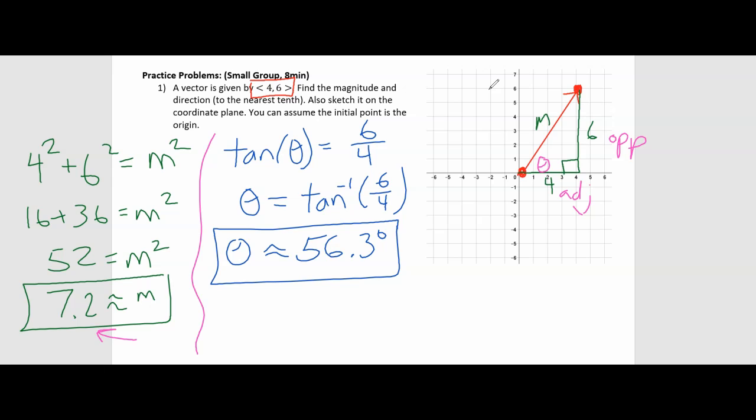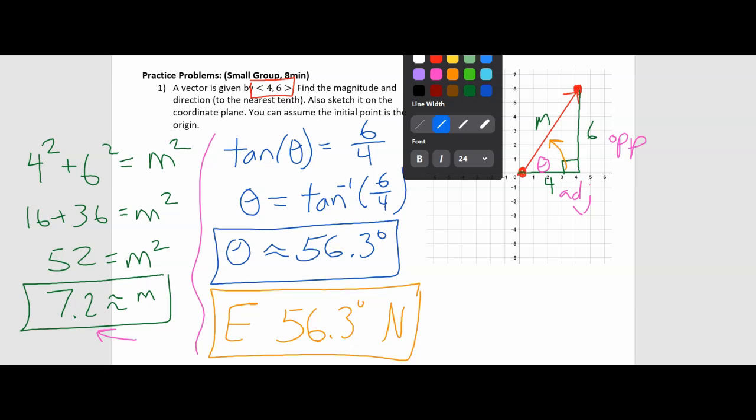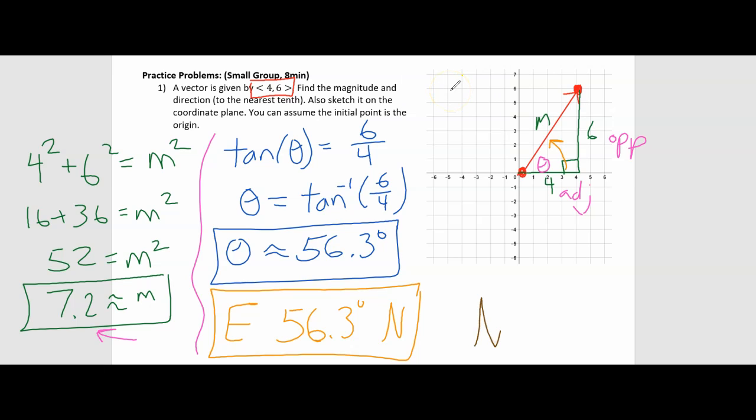Okay, so I can start off by saying I'm traveling east, but being pulled to the north by 56.3 degrees. So east, 56.3 degrees north. Now I could also think about this as starting off going north, but being pulled, whatever this angle is, we'll call that alpha, being pulled by that much to the east. We should be able to figure out what alpha is, right?